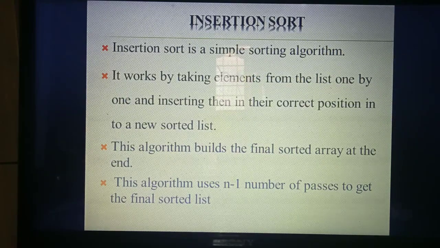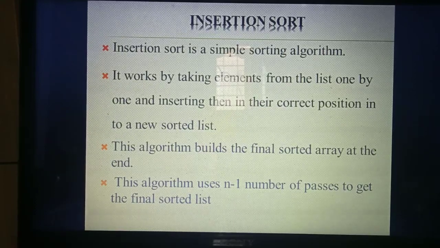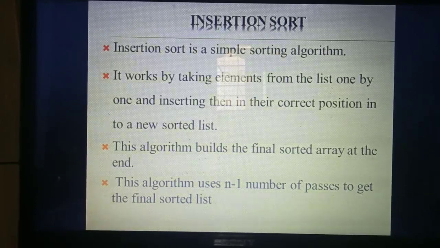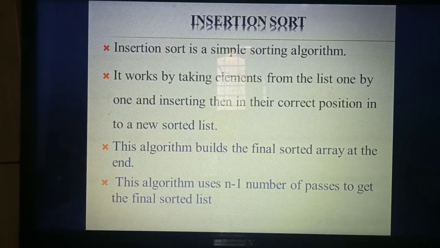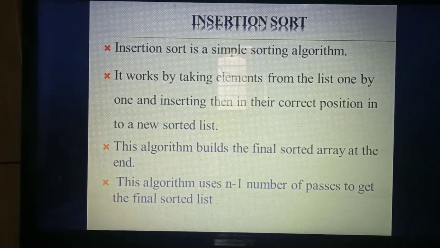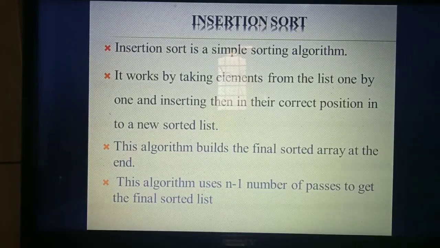I will explain with an example, then you will understand. You already store some elements in the list. From the list you take the elements one by one and insert each element in the correct position in a new sorted list.